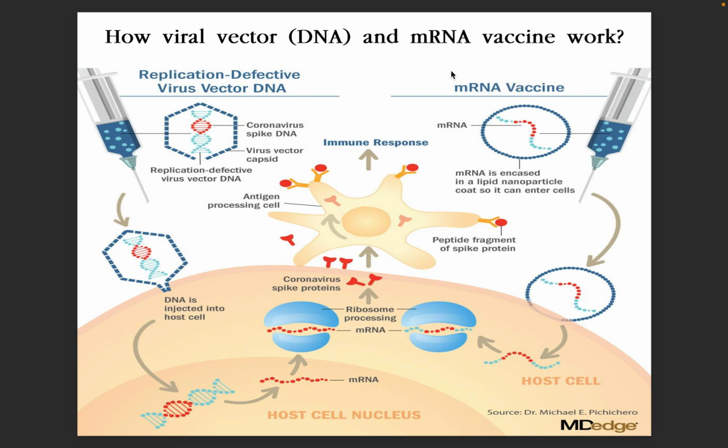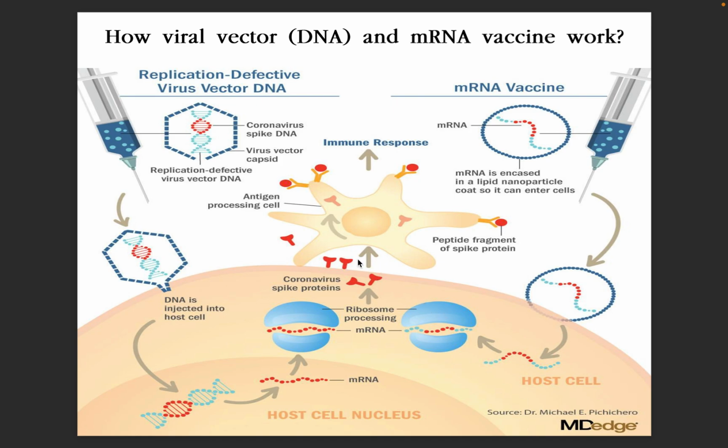Like the DNA vaccine, the mRNA vaccine proceeds with similar mechanisms. The mRNA of the SARS-CoV-2 is produced and packed into the liposome system to protect the viral mRNA and deliver it. Liposomes can fuse to any host cells to deliver the mRNA into the host cytoplasm, and the translation of the viral mRNA is triggered.